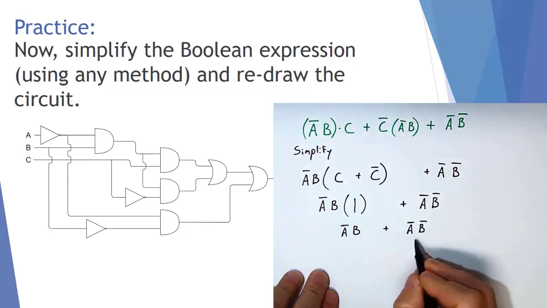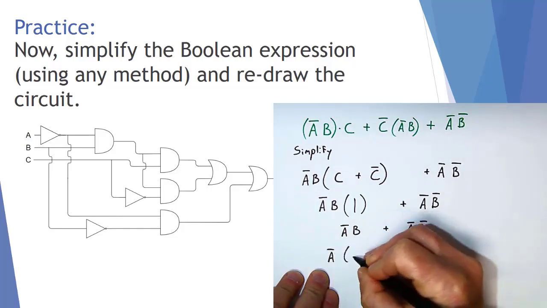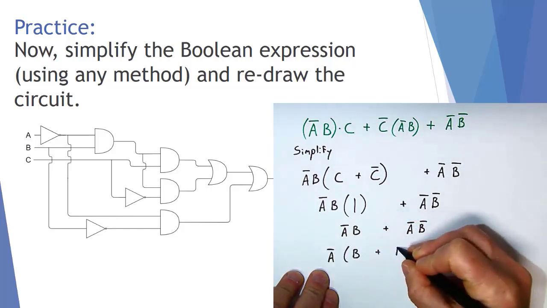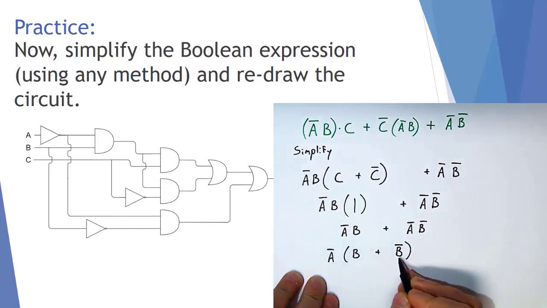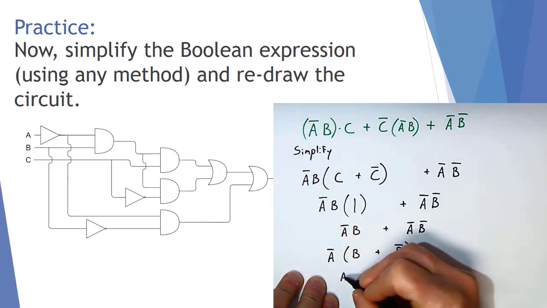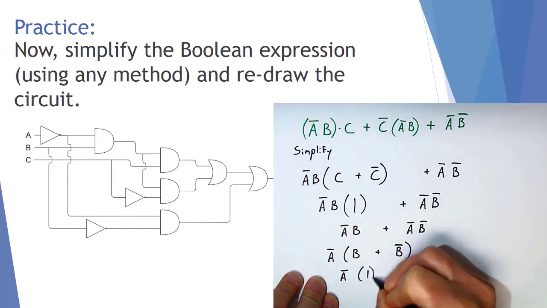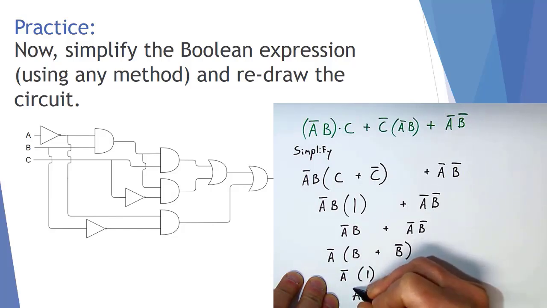But now we have a common factor of A naught, so let's factor that out, and we're left with B or B naught. But we know that B or B naught is 1, just as it was for C up there. And so we have the negation of A times 1, which is, of course, the negation of A.